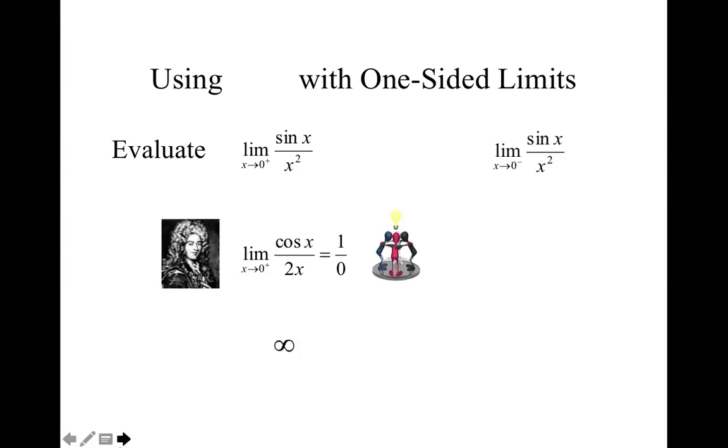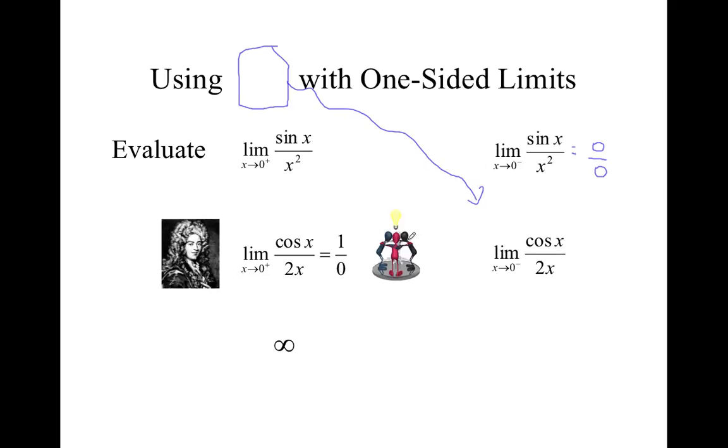Now go to the left side. Do the exact same thing. It's a little too difficult to do thinking with 0 over 0. But I can use L'Hopital. Remember, Guillaume was right here. Bring him over. Take the derivative. I still get cosine x over 2x. I still get 1 over 0. Think. Your numerator isn't 1. It's really close to 1.